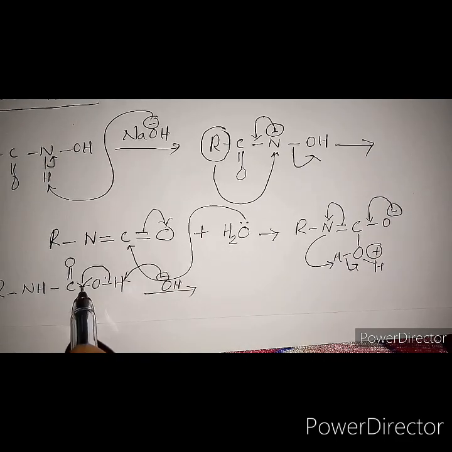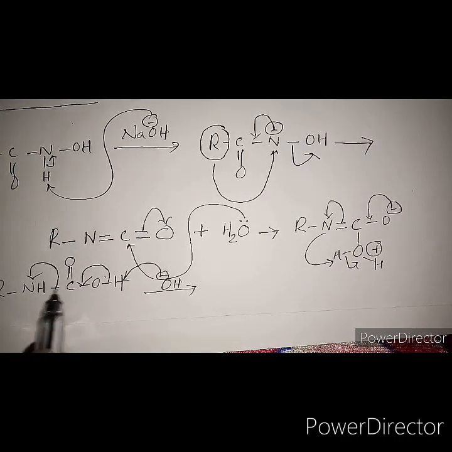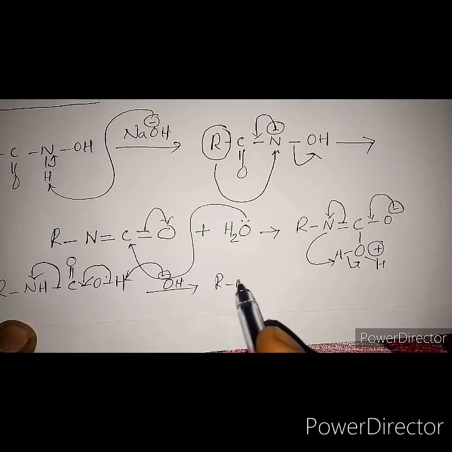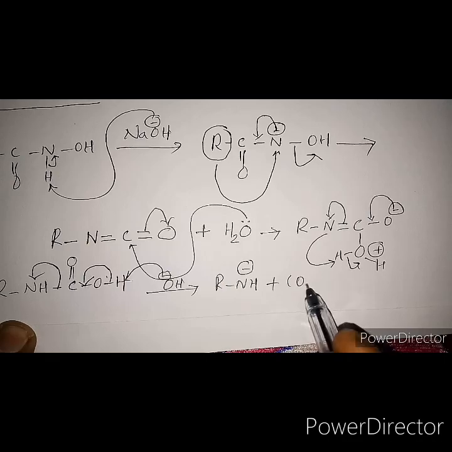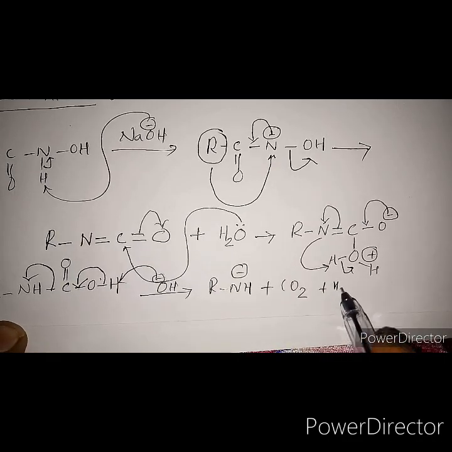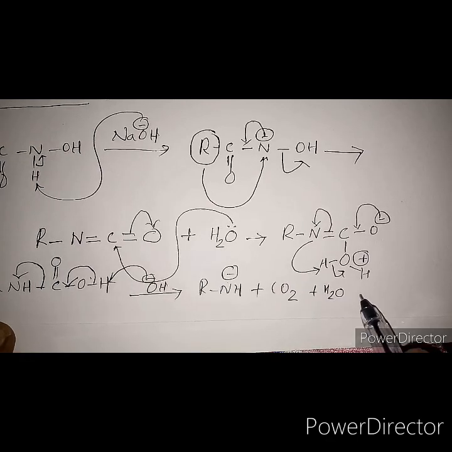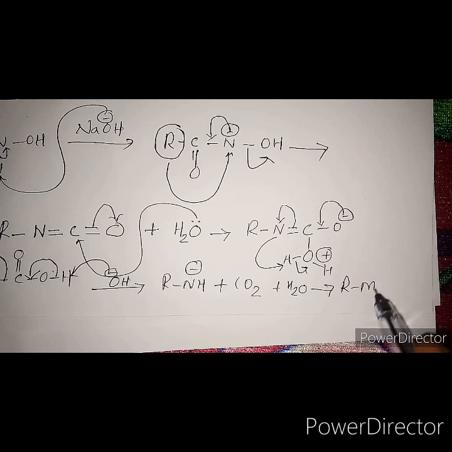That negative charge makes a pi bond, and this bond will break, and the electrons shift to nitrogen. We will get RNH minus plus carbon dioxide, and we have enough water molecules. The RNH minus will take the H plus from the water to get RNH2.